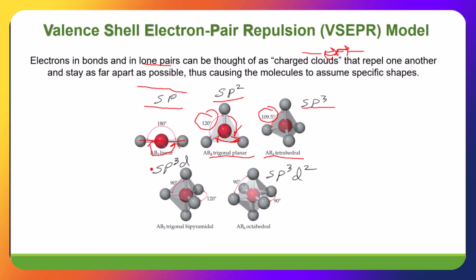Here is sp3d hybridized. That's the trigonal bipyramidal. That's got 5 electron domains around the central atom. You have 2 bond angles. Between the axial and equatorial, you've got a 90-degree bond angle. Between the equatorial region, you've got a 120-degree bond angle.